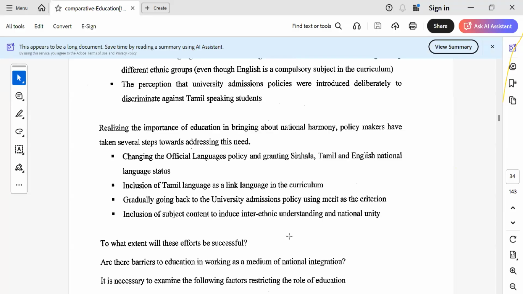Changing the official language policy and granting Sinhala, Tamil and English national language status. Inclusion of the Tamil language as a link language in the curriculum. Gradually going back to the university admission policy using merit as the criteria. Inclusion of subject content to induce inter-ethnic understanding and national unity.